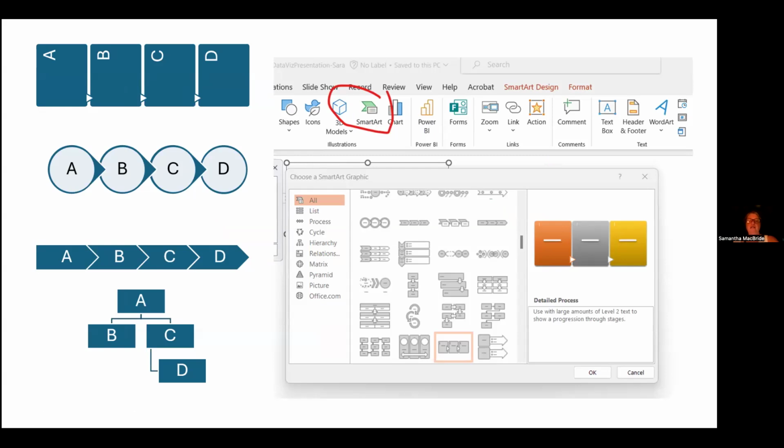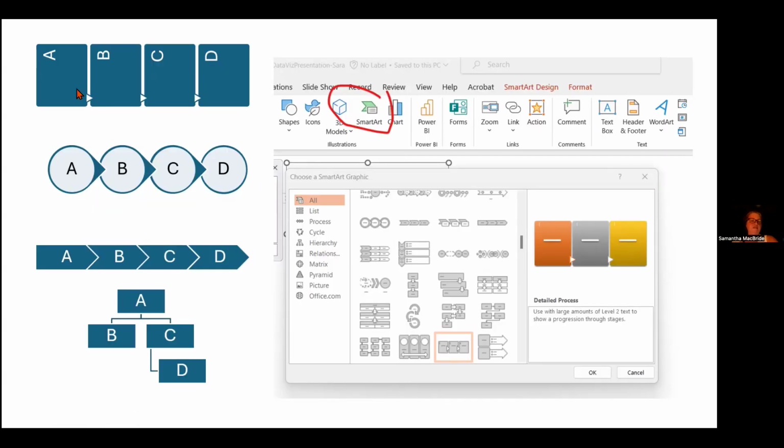SmartArt allows you to make different configurations of qualitative data very, very quickly and easily, and to flip back and forth between them. So I made this, and then simply by changing the chart type, I could make the visual look in these different ways instantly without having to retype anything or orient anything.